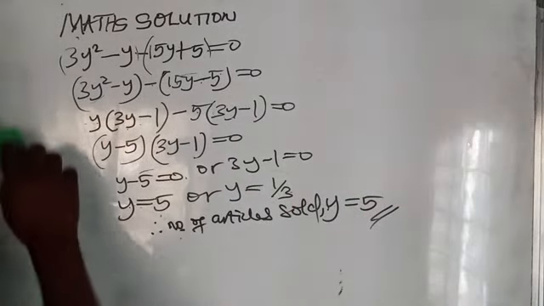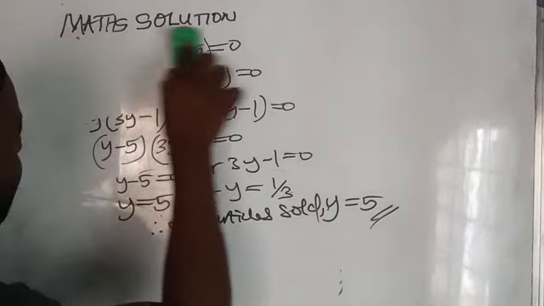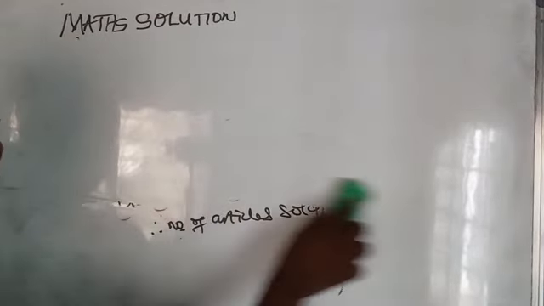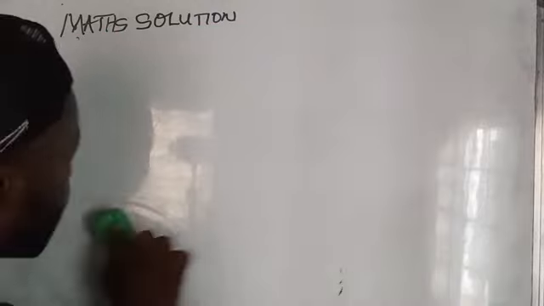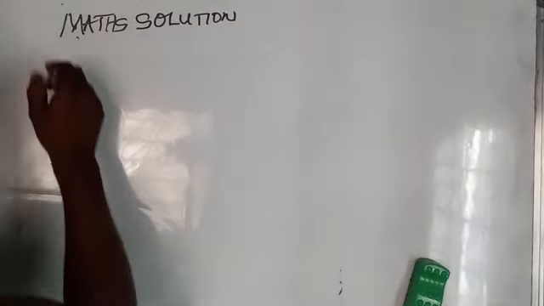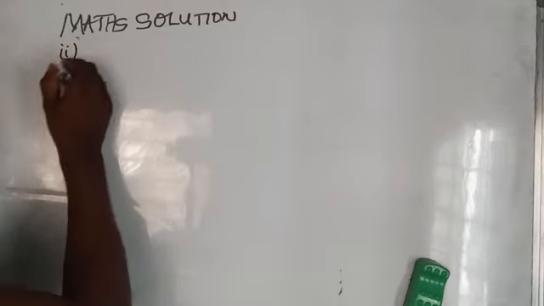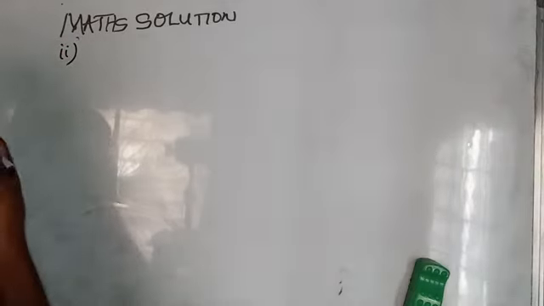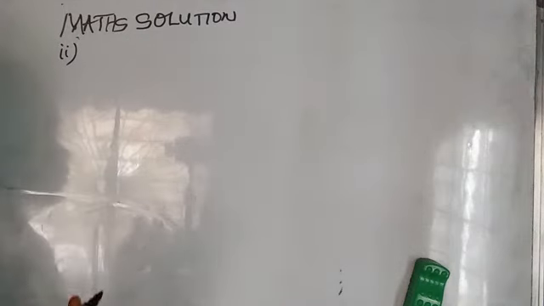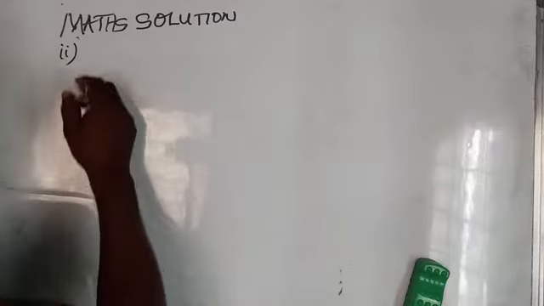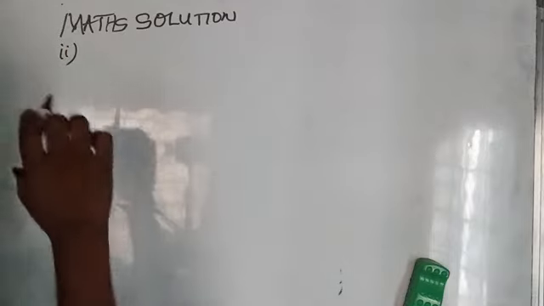Go to 5. Now, the next question is, if 0 profit was made, that is, if there's no profit made, how many articles were sold?